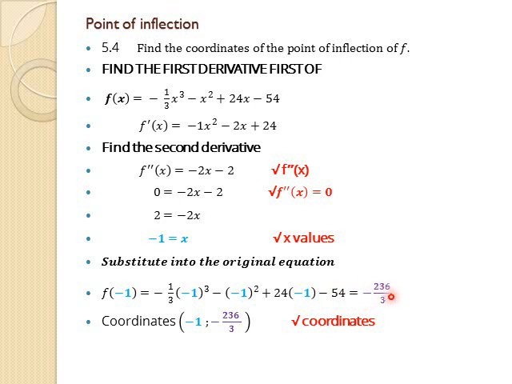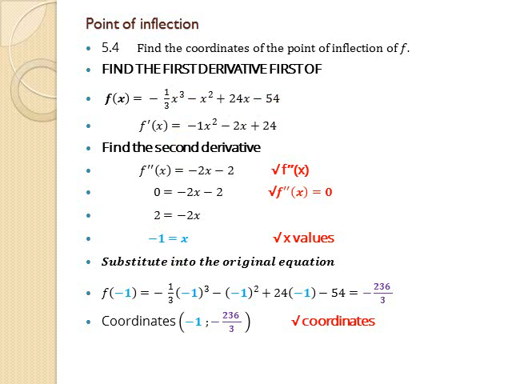Simplify to minus 236 over 3. So my coordinates, (minus 1; minus 236 over 3), 1 mark for that. Right, so when they say point of inflection, I must get the second derivative, make it equal to 0, solve for x. Then take x back into the original equation. That's the pattern you have to get used to.